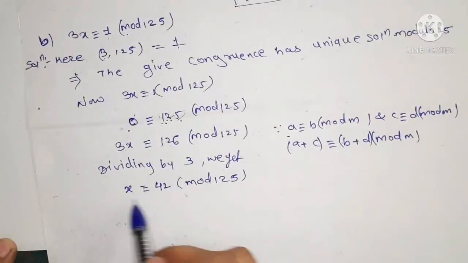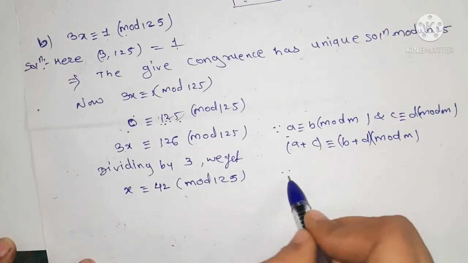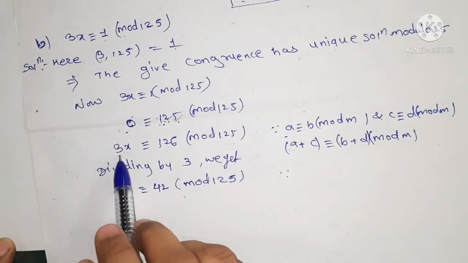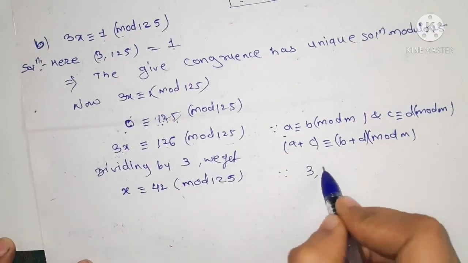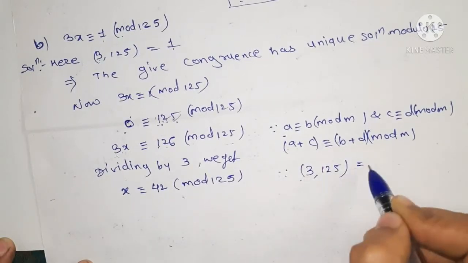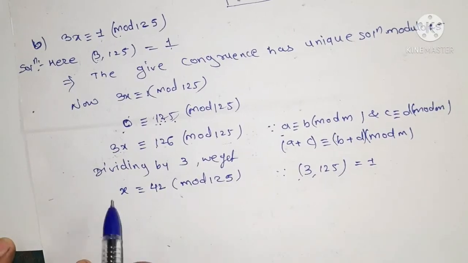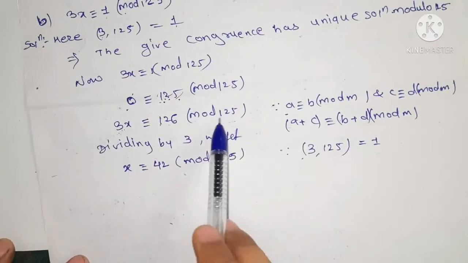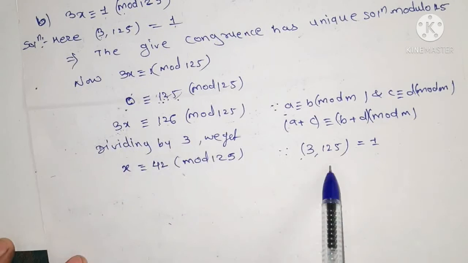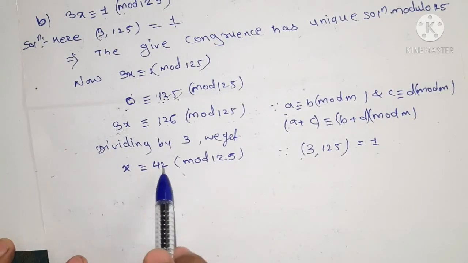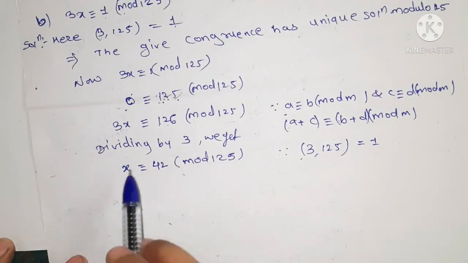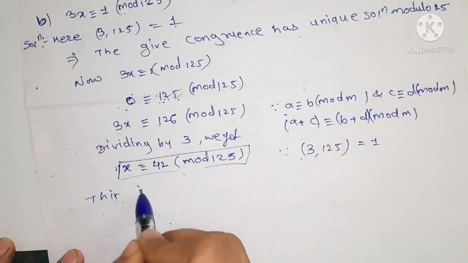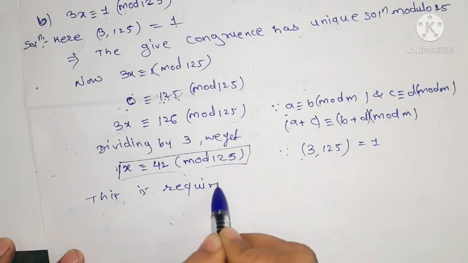We can divide this equation because the GCD of 3 and 125 is 1. Division is possible only when the GCD is equal to 1; we cannot divide each and every time. So here we divide by 3 because the GCD is 1, and therefore x is congruent to 42 modulo 125, and here we get the required solution.